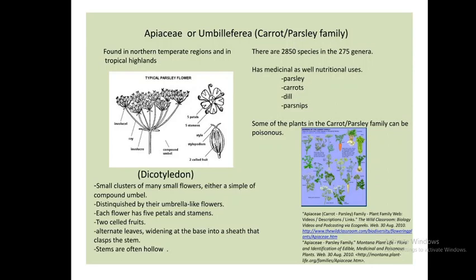In this Umbelliferae family, inflorescence is mostly a simple umbel, for example Hydrocotyle, or compound umbel in Coriandrum. In both cases, there is an involucre of bracts. In Coriandrum, the smaller branch umbels are protected by involucels.